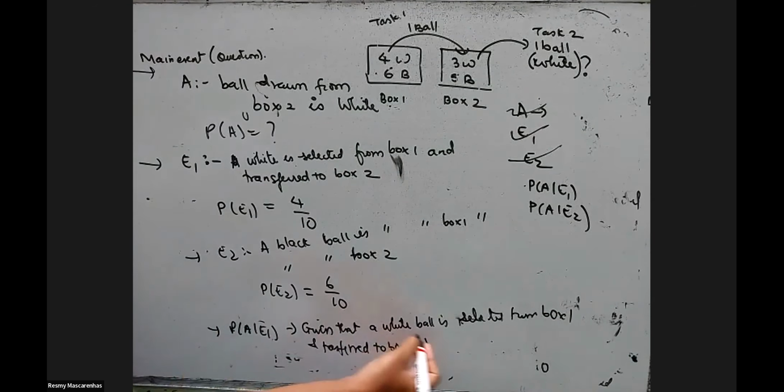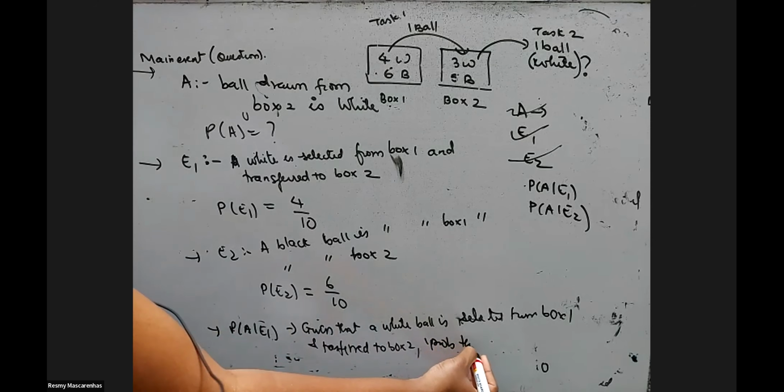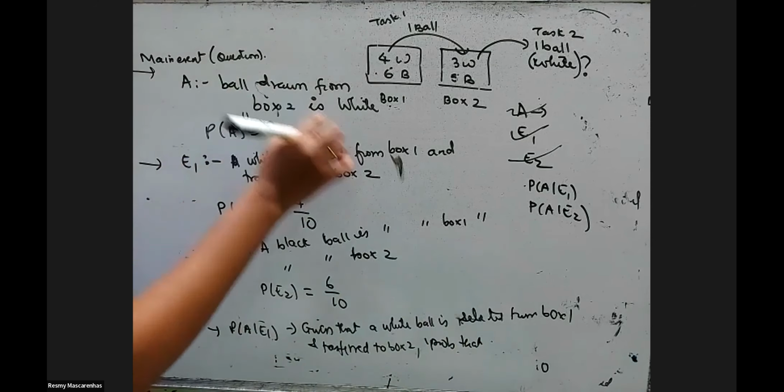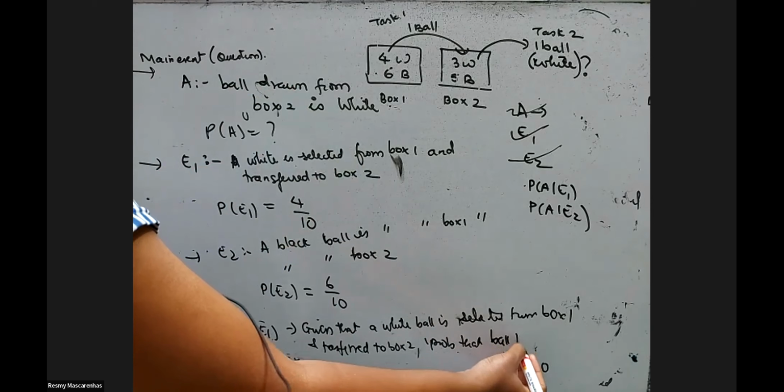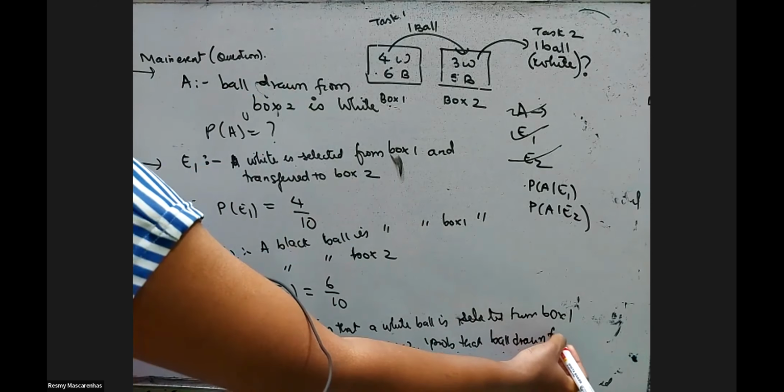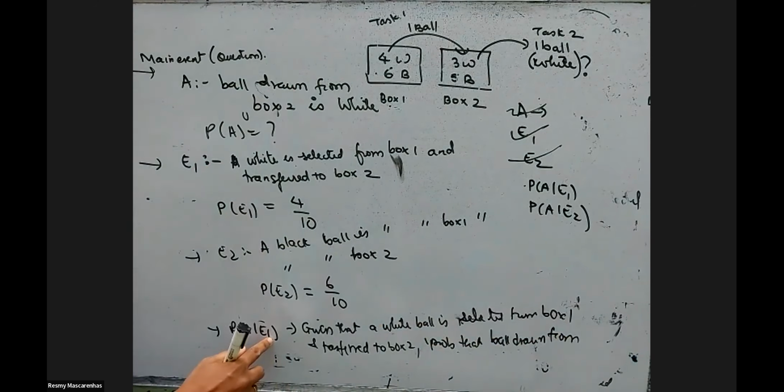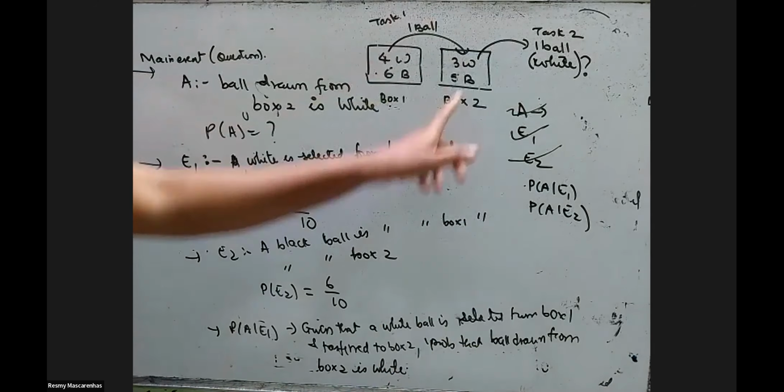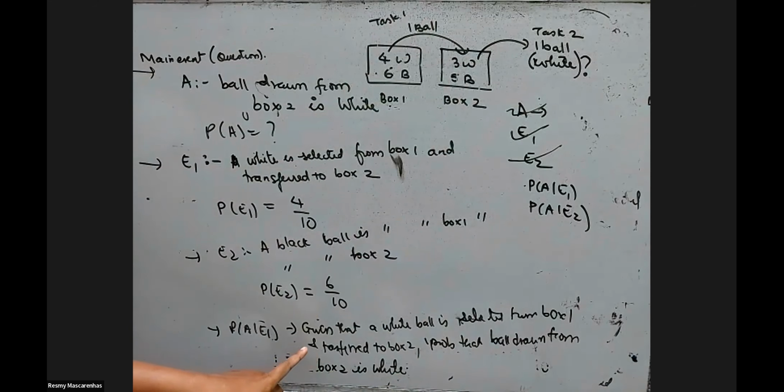Probability that, what is A? A is the ball drawn from box 2. You have to always read it reversed: this given that, and this. So the probability that the ball drawn from box 2 is white. We'll see what the chances of this being white are when a white ball was transferred.